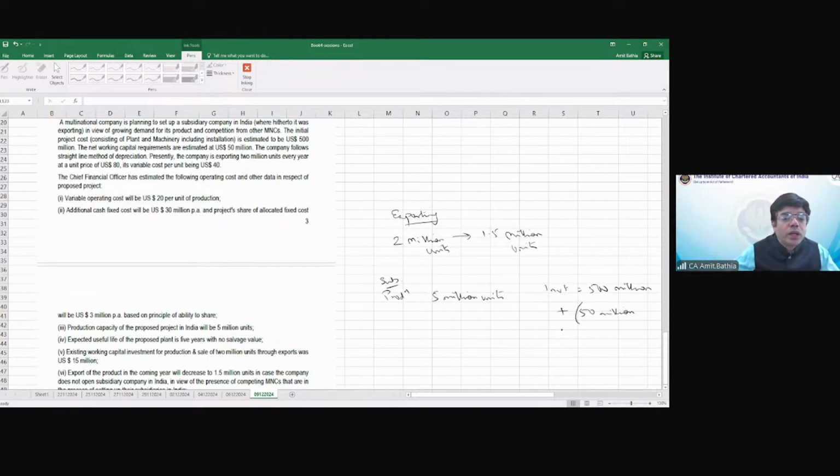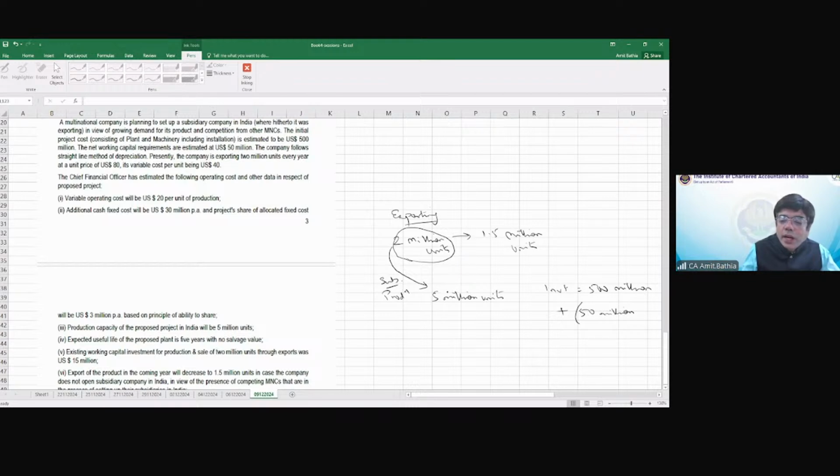However, we are also further told, if you look at point number 5, existing working capital investment for production and sale of 2 million units through exports was $15 million. So if you are going to manufacture it over here, then you would not be manufacturing it elsewhere and trying to sell it to India. This will get replaced.